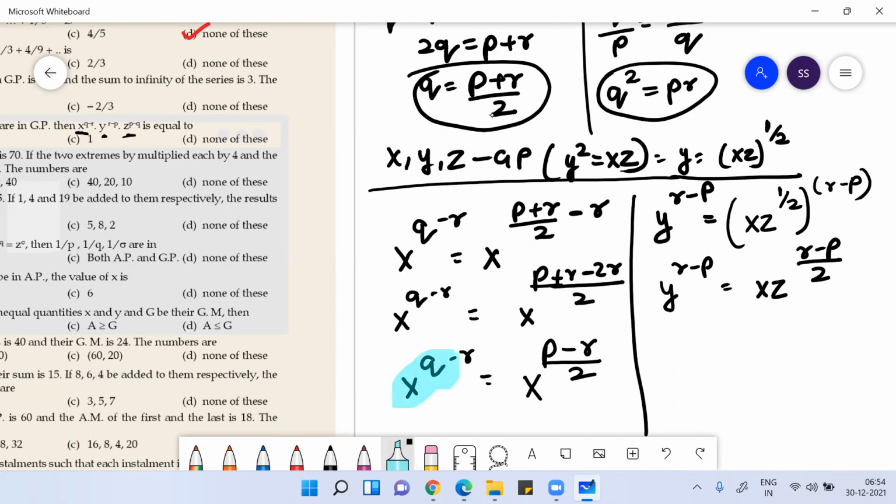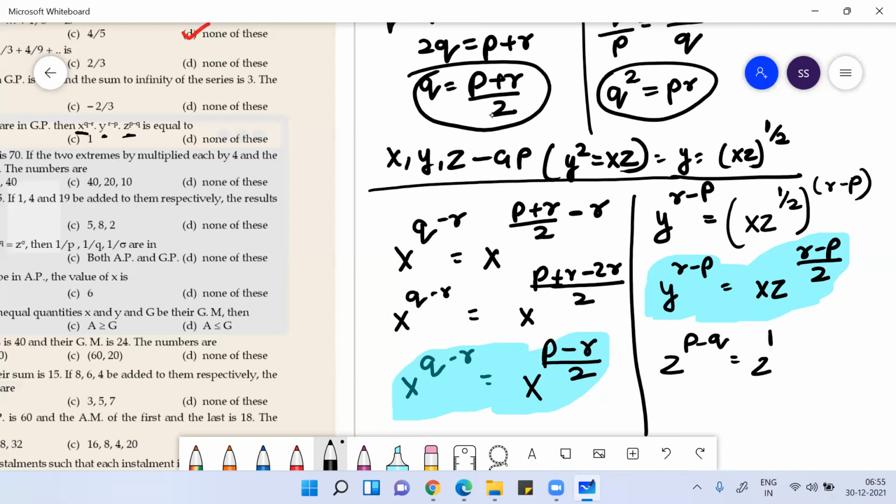So you got this relation. Similarly, you'll get this as a relation. Similarly, the third relation was z to the power p minus q. So p minus q, in place of q, I can write p plus r by 2.